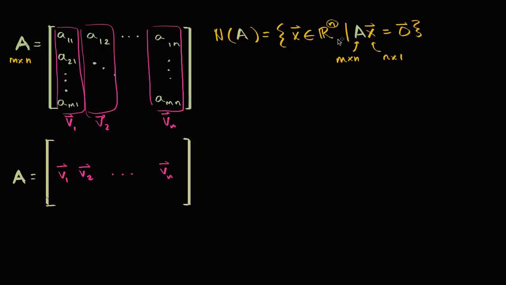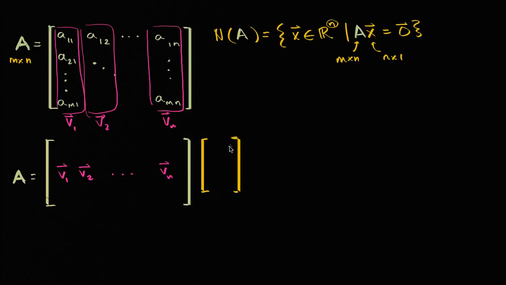So another way of thinking about it is, if I take my matrix A and multiply it by some vector x that's a member of this null space, I'm going to get the 0 vector. So if I take my matrix A, which I've expressed here in terms of its column vectors, and multiply it by some vector x right over here, let me draw the other bracket.